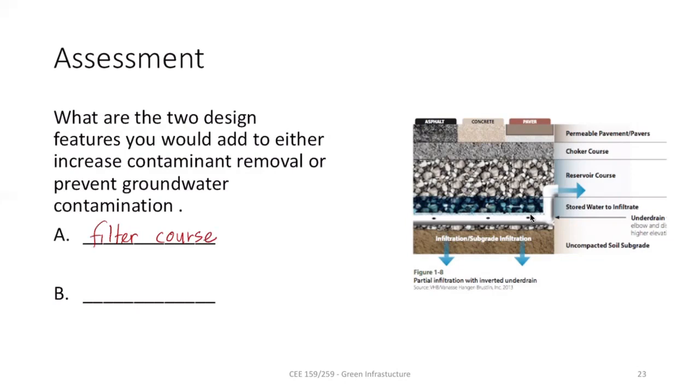But now the next question is, how do you prevent groundwater contamination? Adding a filter layer will hopefully remove all the pollutants, but if that's not the case, you want to protect groundwater from the infiltrated water. So you can add a geotextile membrane here so that there is no infiltration.